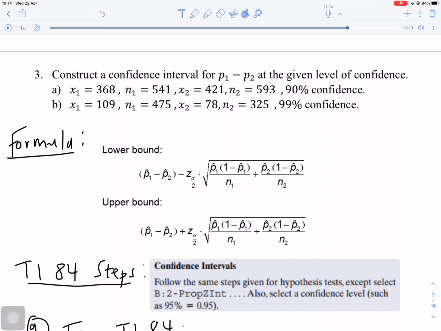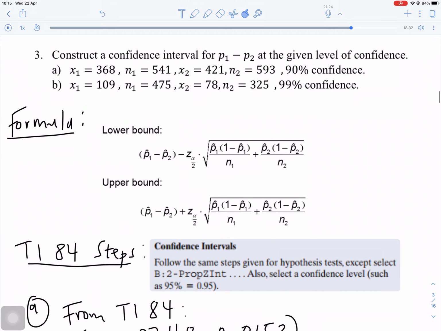Still, in this case, we want to use software to do this computation. Either you use StatCrunch or the calculator. Using the calculator, you go to Stat, then Tests, and go to option B, which is 2-PropZInt, 2 proportion Z interval. Then you specify your X1, N1, and then X2, N2.